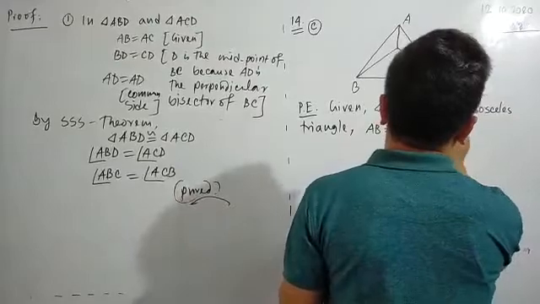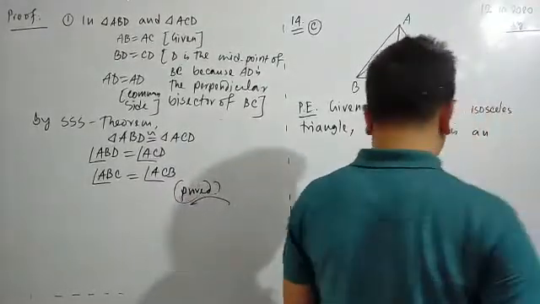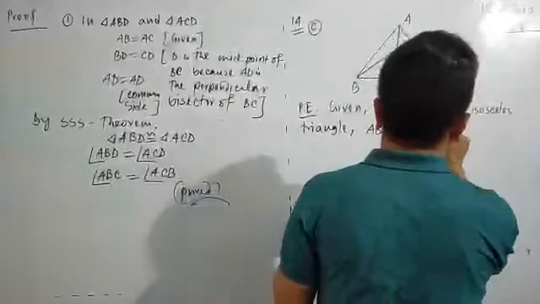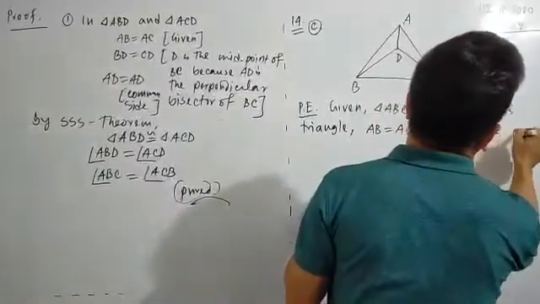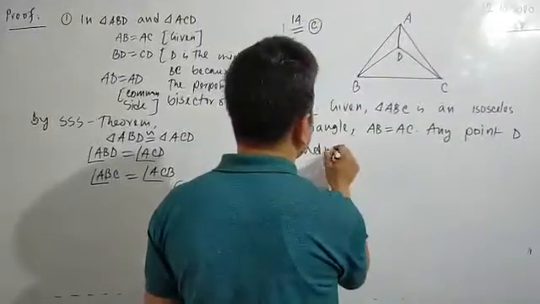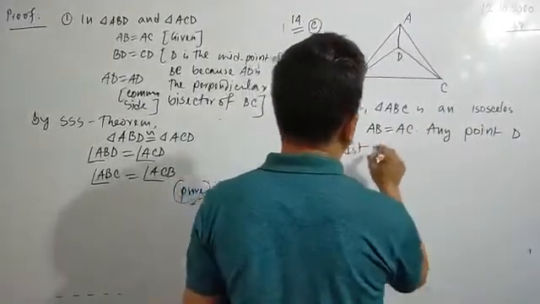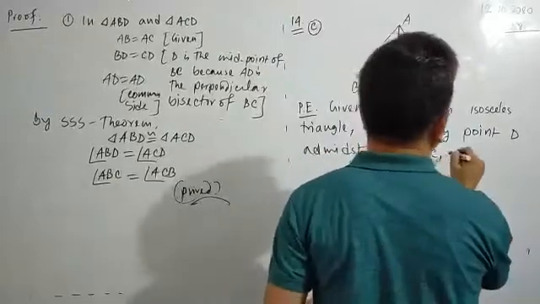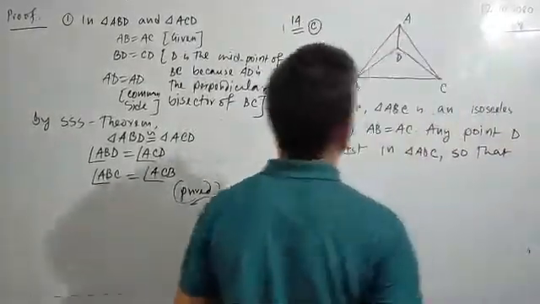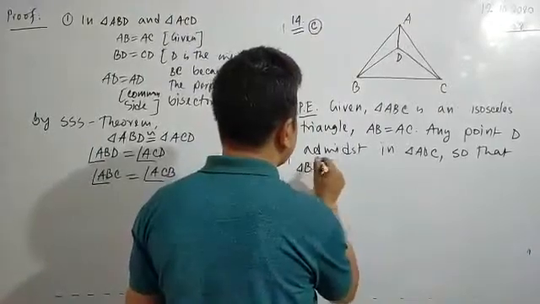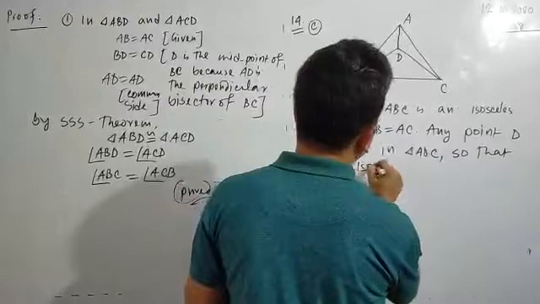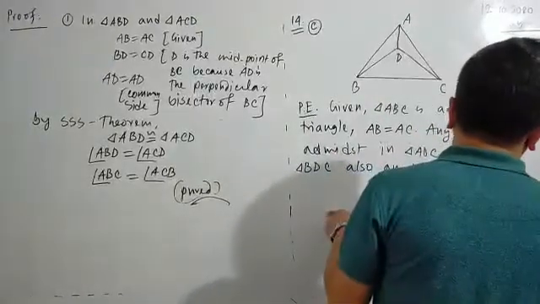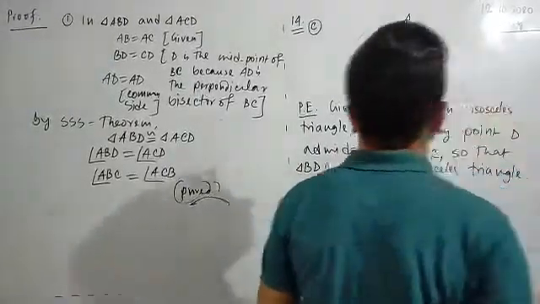D is any point inside triangle ABC so that BDC is also an isosceles triangle.